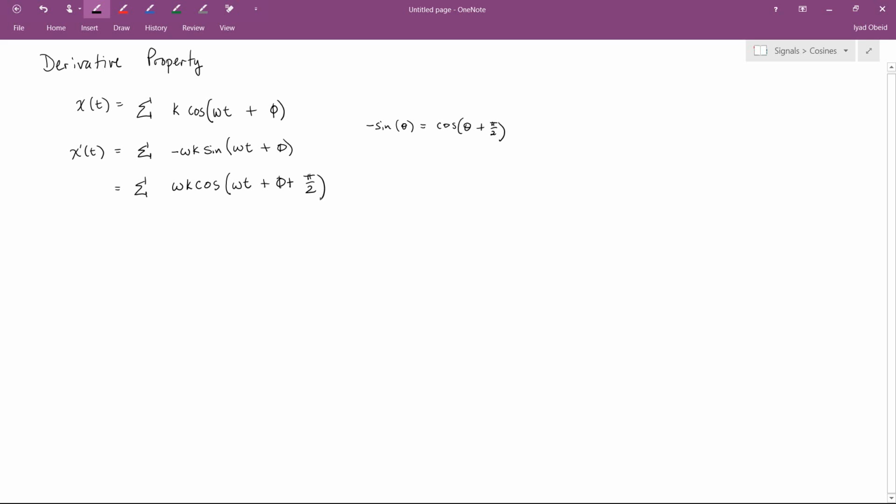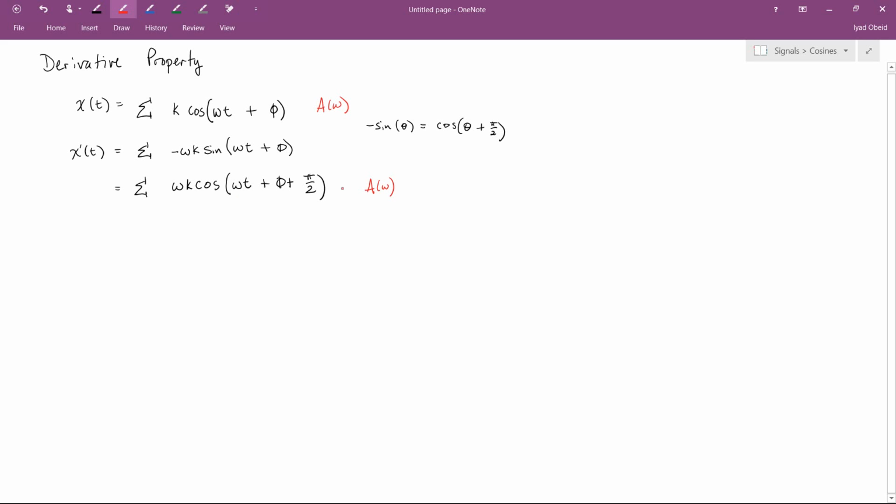So if we think about this from a Fourier perspective, you can imagine that the signal that we started with, x of t, had some Fourier transform a of omega. What do we have left now after the derivative? Well, after the derivative, we still basically have our a of omega, right? It still consists of the same cosines, at the same frequencies omega, with all the same basically amplitudes and phases.